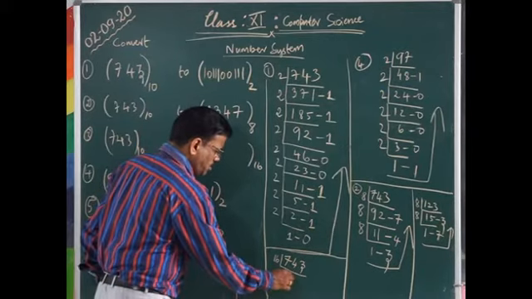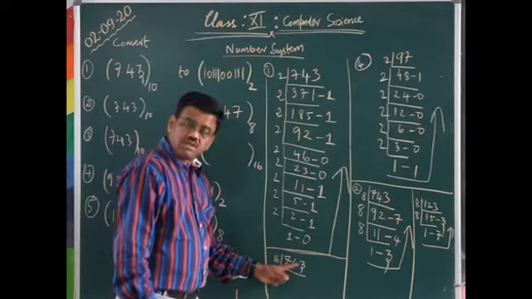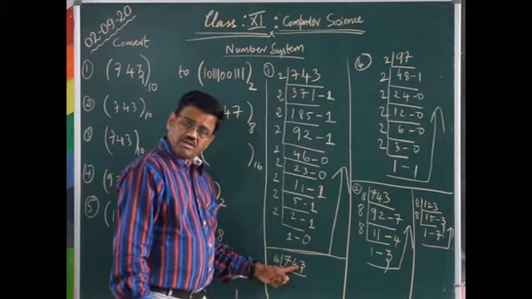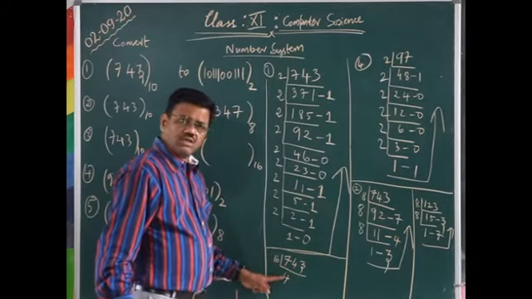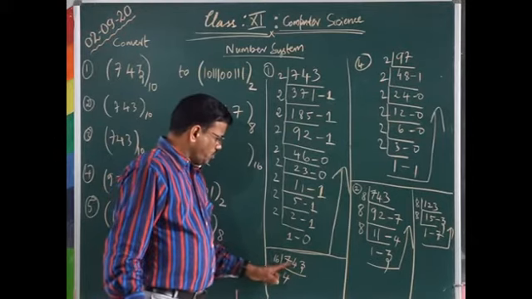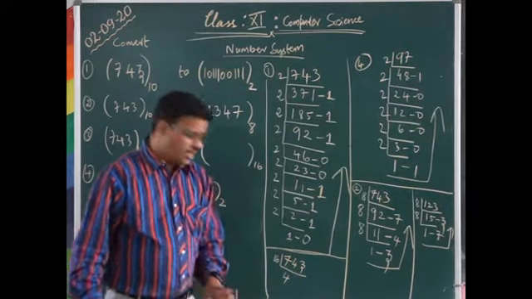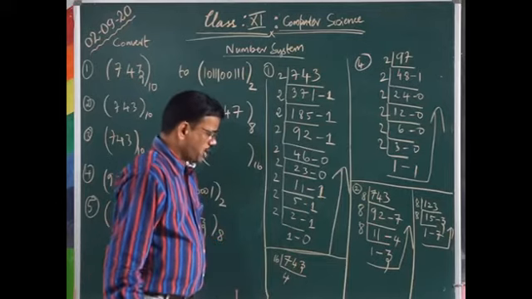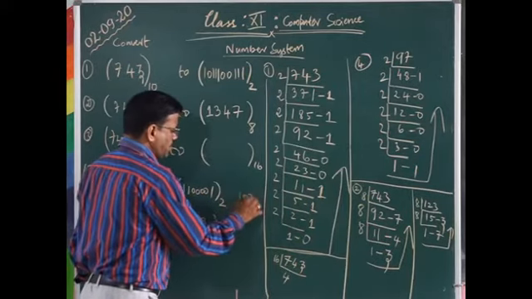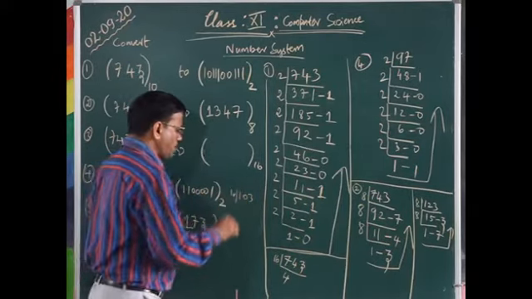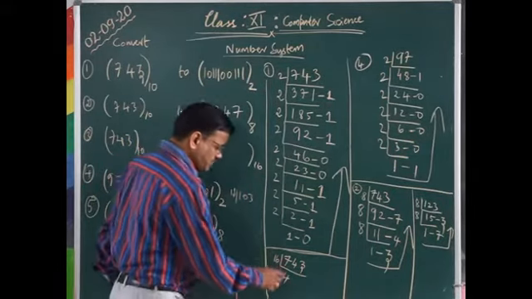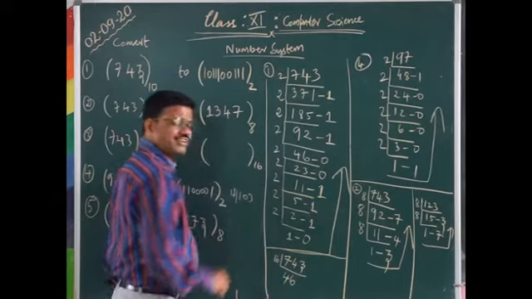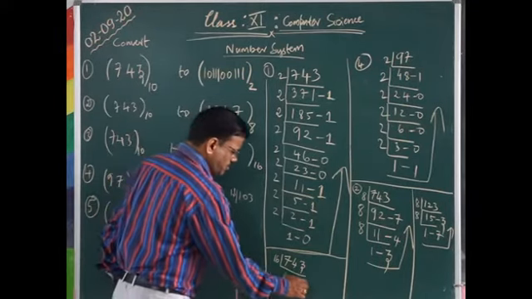So which is 74 only, closer to that is 16 4s are 64. 74 minus 64 will be 10. Then 103. 103 again, if you divide by 16, 16 6s are 96, the remainder is 7.